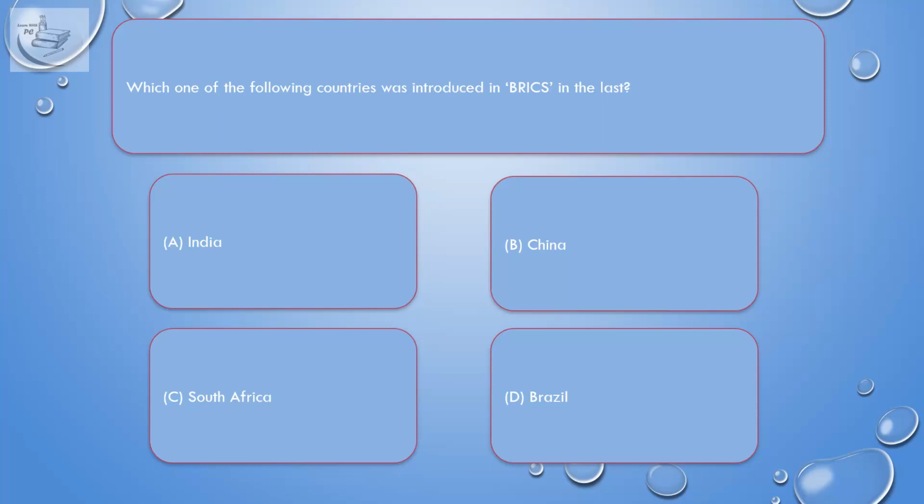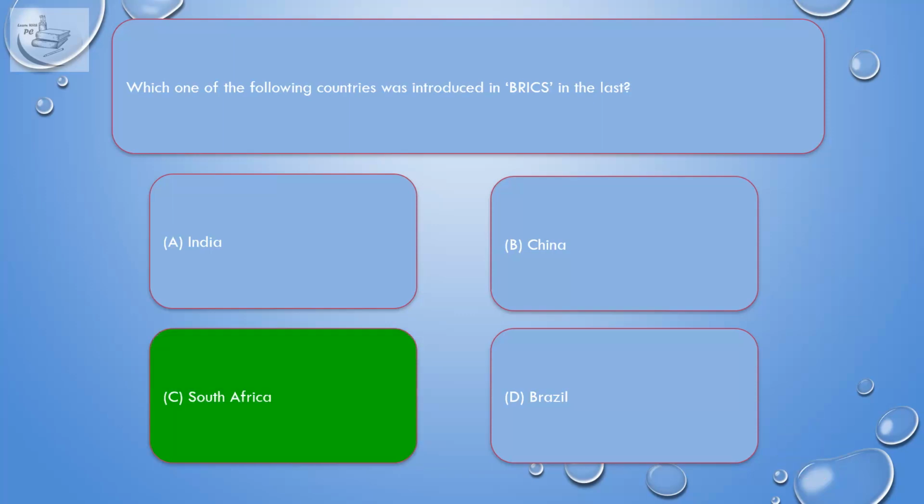Question: which one of the following countries was introduced in BRICS in the last? A. India, B. China, C. South Africa, D. Brazil. Correct answer is C. South Africa.